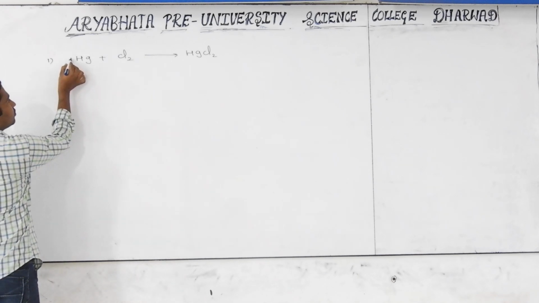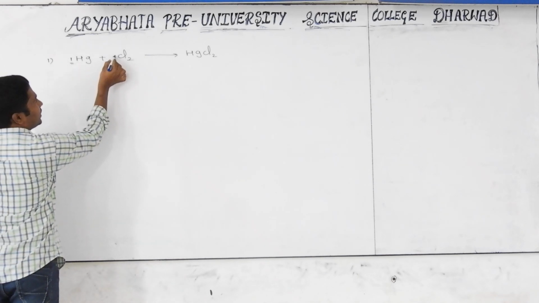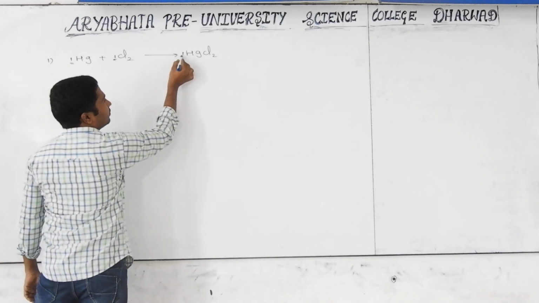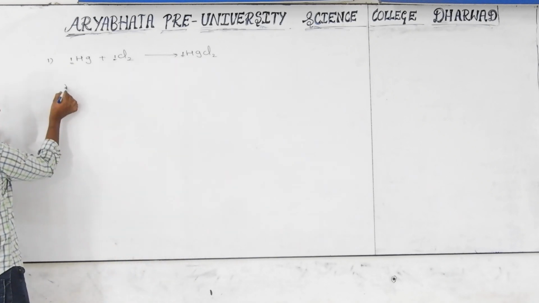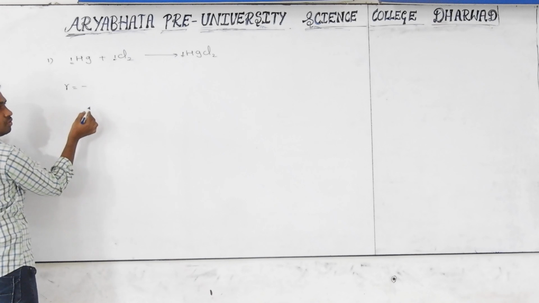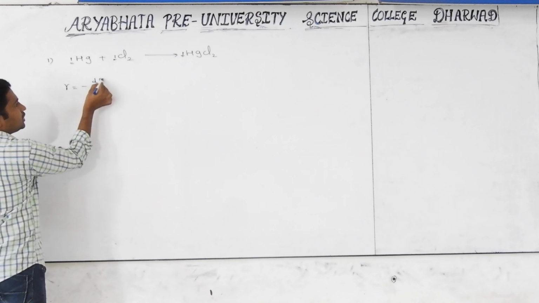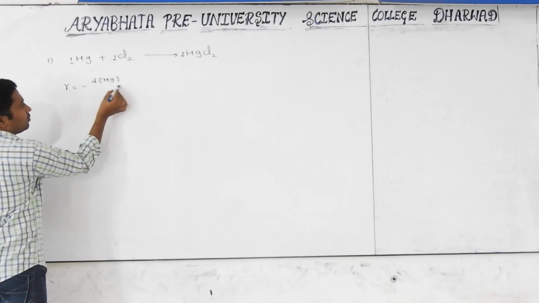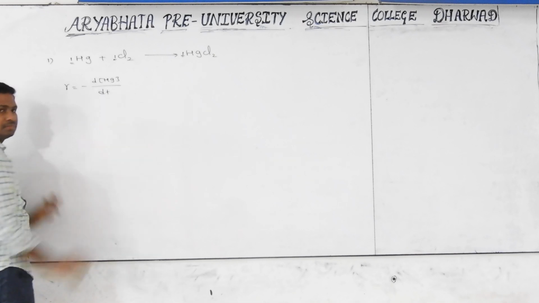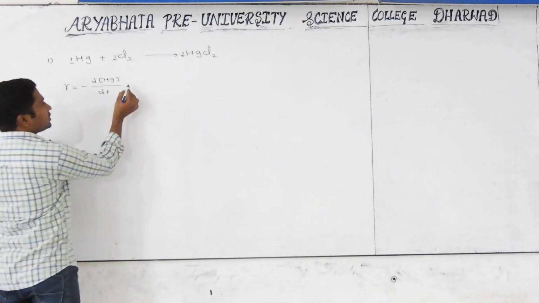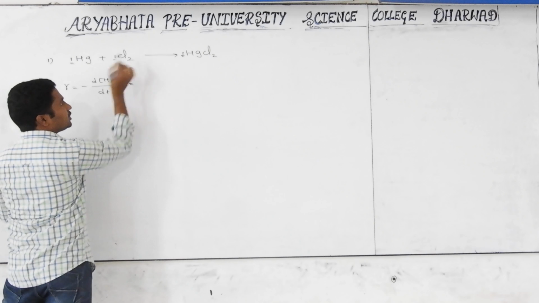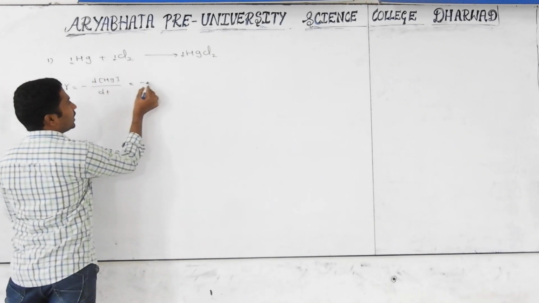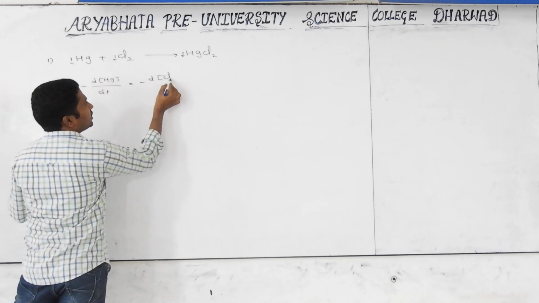Here observe that all coefficients are equal. That's why no problem. Then how to write that one? R is equal to minus of change in concentration of H2 by time change. Or we can express the same rate with respect to Cl2 also, minus change in concentration of chlorine by time change.